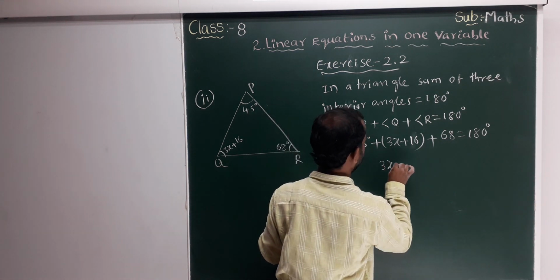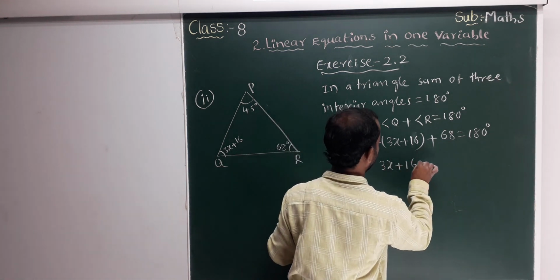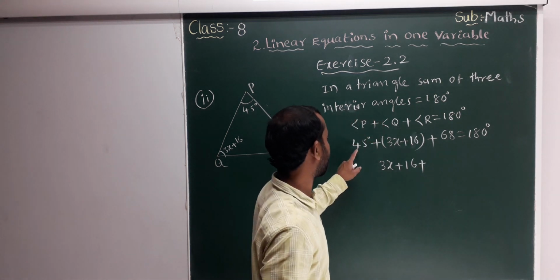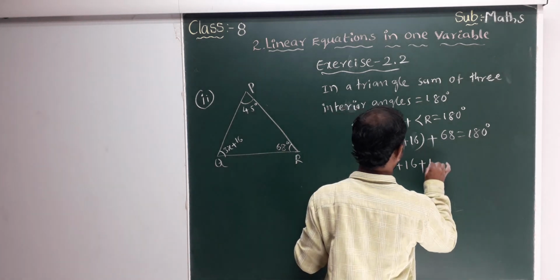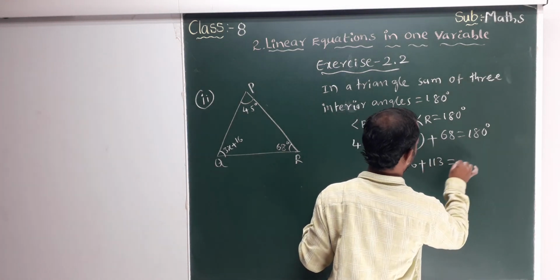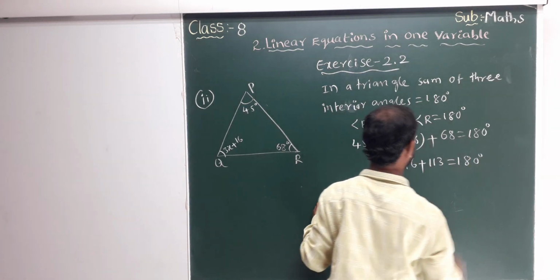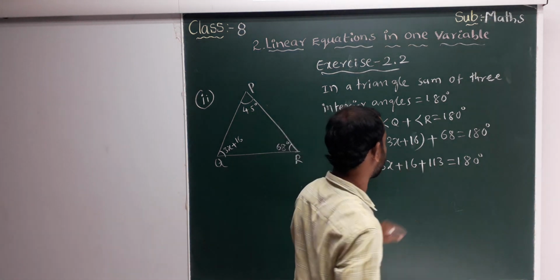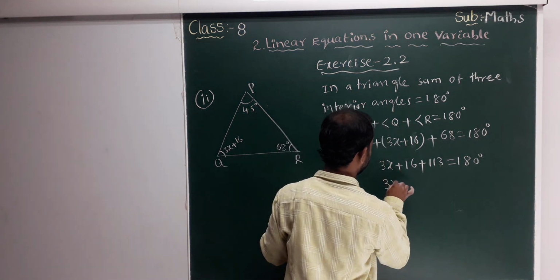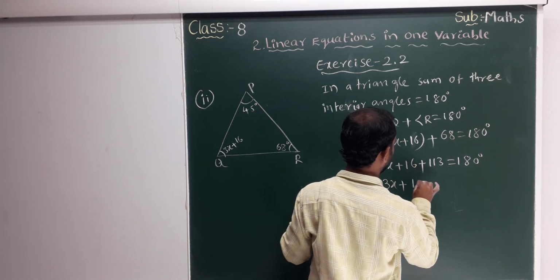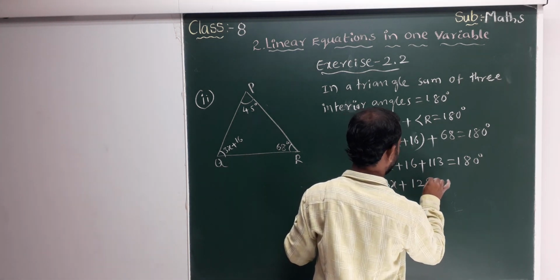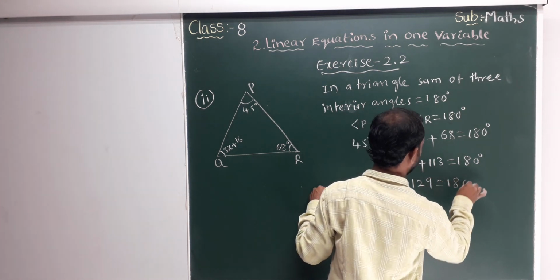So 3x plus 16 plus 45 plus 68. So 113, that equals 180 degrees. 3x plus 16 plus 113, 129, equal to 180 degrees.